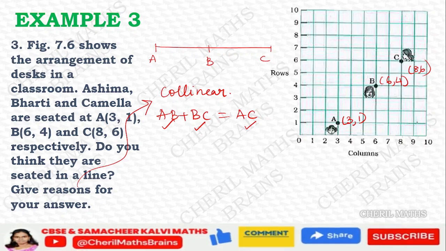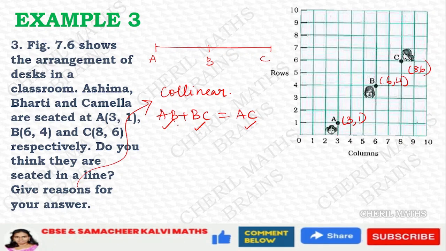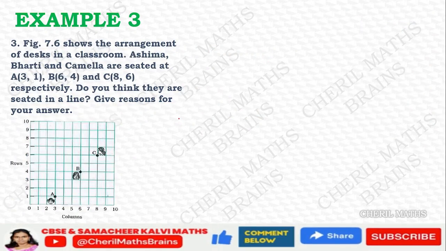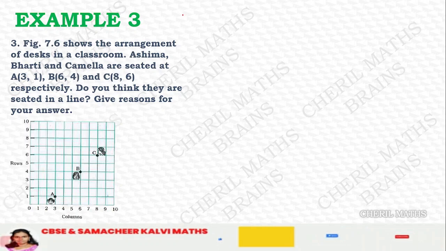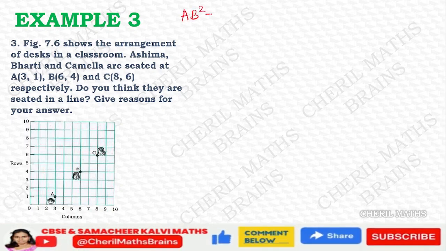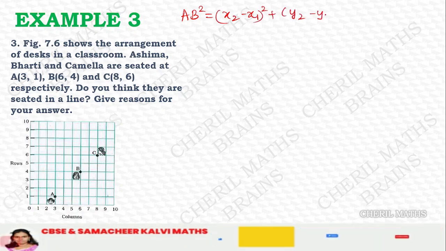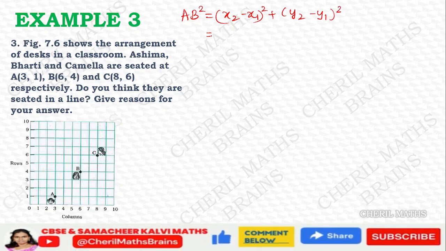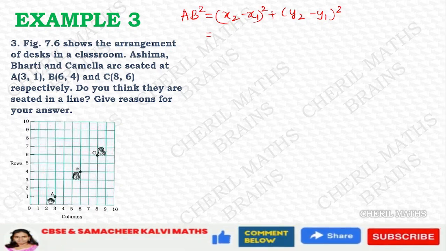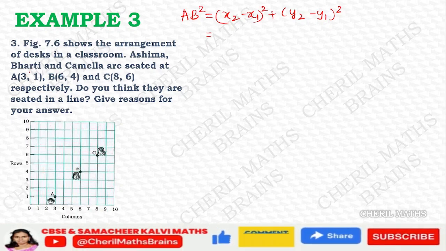Okay, now let's solve the question, children. Let's find AB, BC and AC. First we will do AB. So what will be our AB square? It will be (x2 minus x1) the whole square plus (y2 minus y1) the whole square. I take from A to B itself every time, so that it will not give you any trouble, because if you take from 6 to 3, there are chances that the first value you take from here to here, the next value you take from here to here, so it might go wrong.